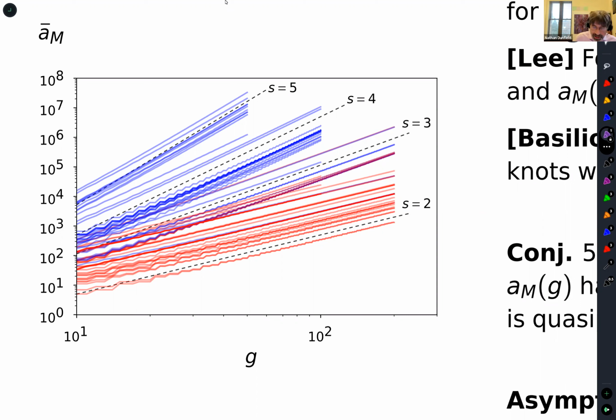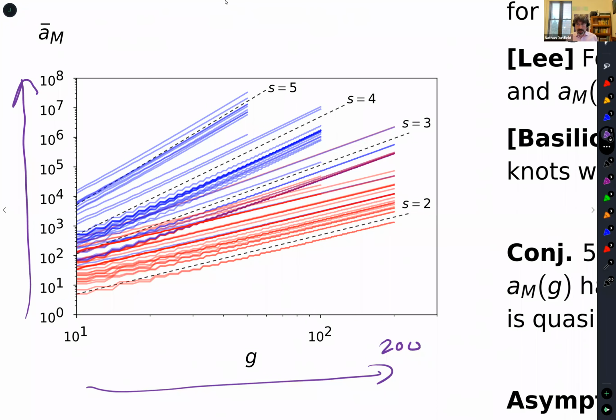Each line here corresponds to one manifold. On this axis is the genus, going from genus 0 out to genus about 200. These are log scales on both sides. This is the number of surfaces of genus at most G. So it's a log-log plot, and G to the S will appear as a straight line.